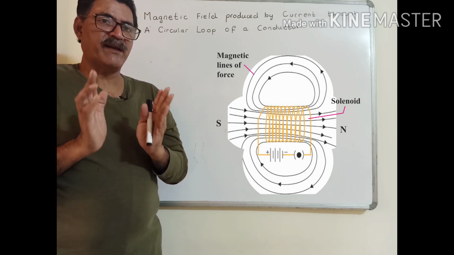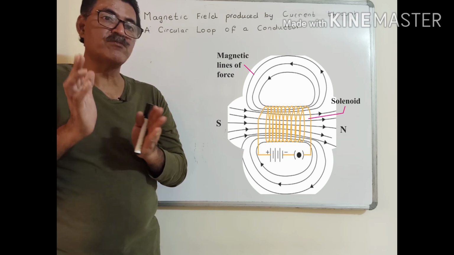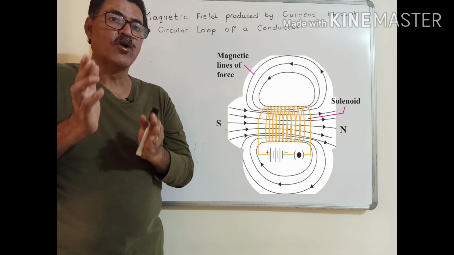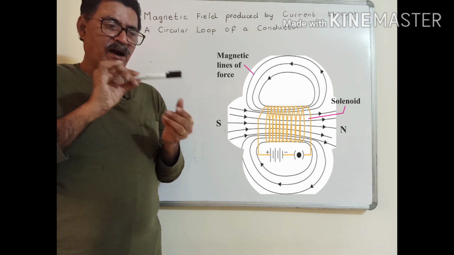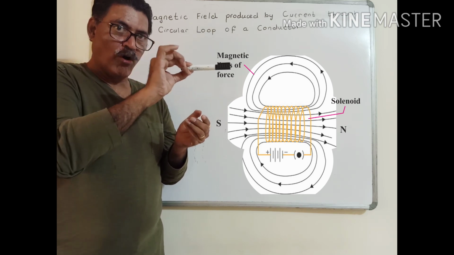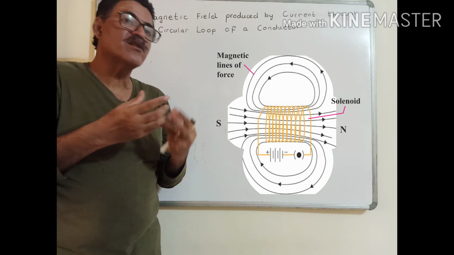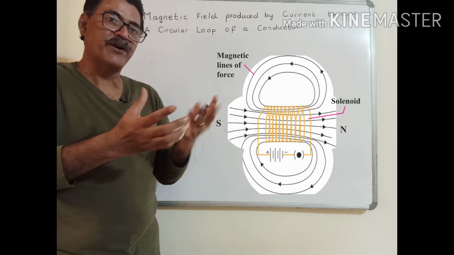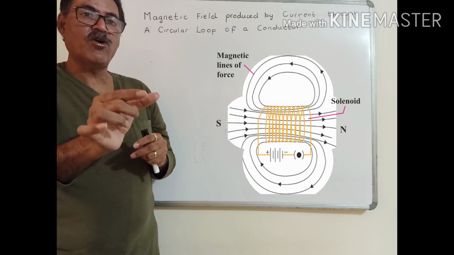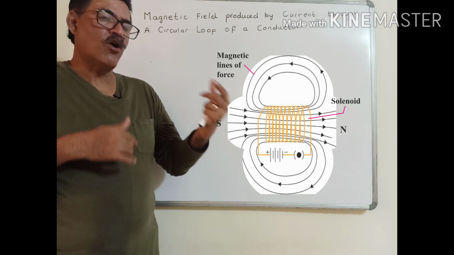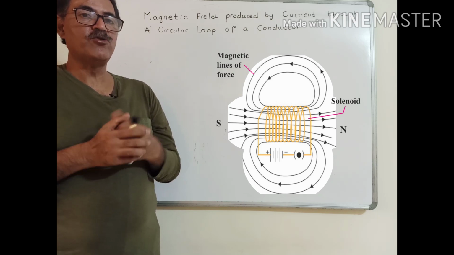The most important application of a solenoid is manufacturing permanent magnets from suitable materials like tungsten, cobalt, etc. If you take a piece of suitable material and put it in the hollow of that solenoid, keep it for some time and pass a strong current, a strong magnetic field will be produced and you will get a permanent magnet from that piece of tungsten, cobalt, or carbon steel, whatever it is, right? So you can prepare permanent magnets by using a solenoid.